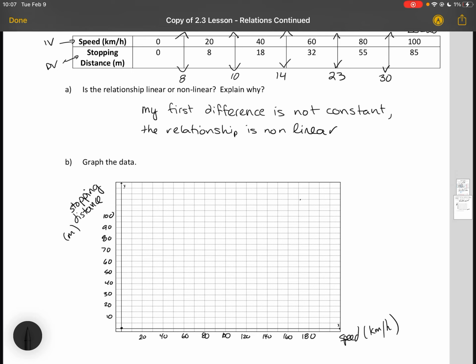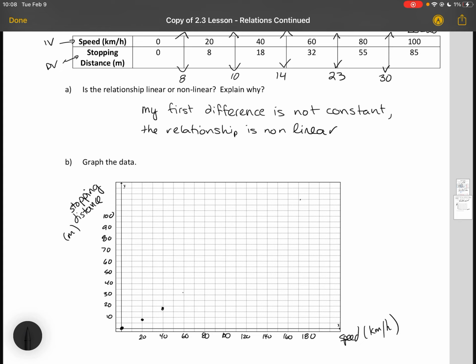Okay, my first point is 0, 0. My second point is 20 and 8, so about here. Then I've got 40 and 18, so about here.